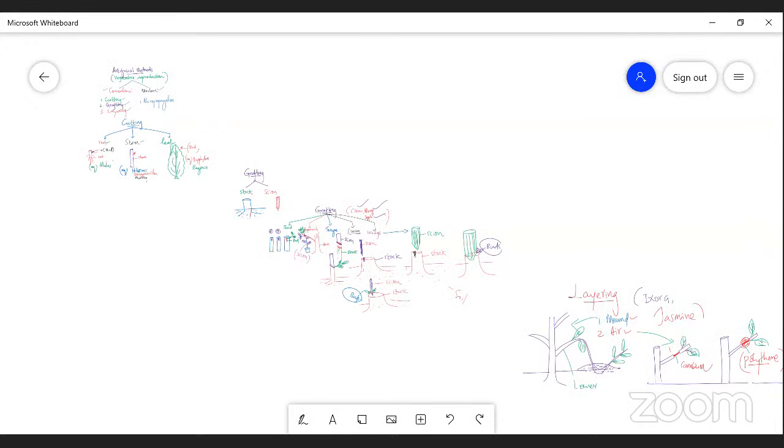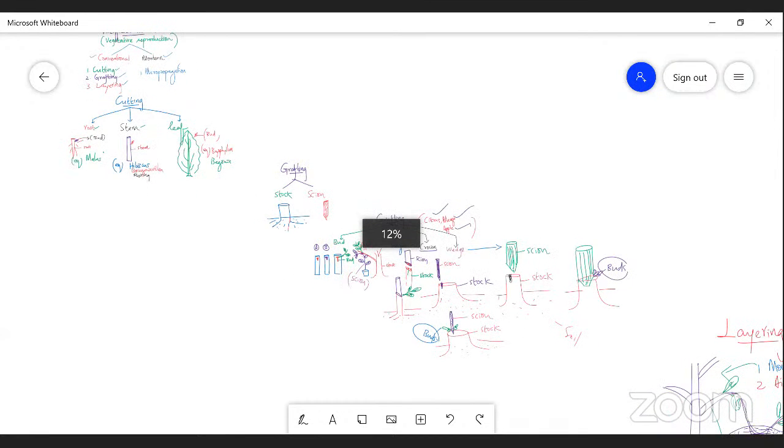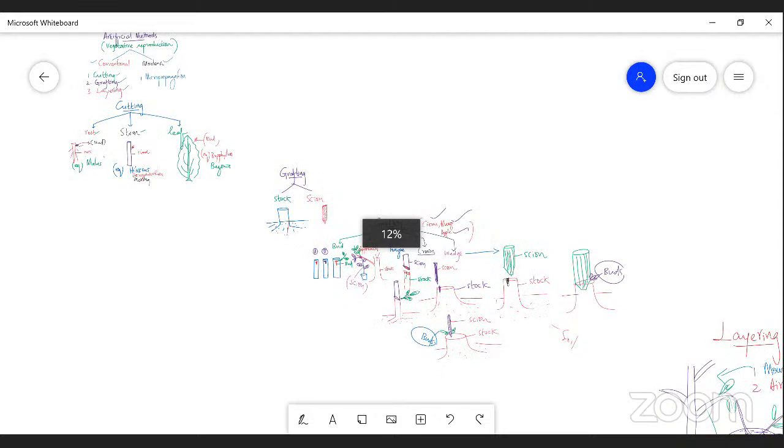The artificial method is divided into conventional and modern methods. Conventional has the following types: cutting, grafting, layering. Cutting is further classified into root cutting, stem cutting, and leaf cutting. Examples: root cutting, Malus sylvestris; stem cutting, Hibiscus, Bougainvillea; leaf cutting, Begonia, Bryophyllum.